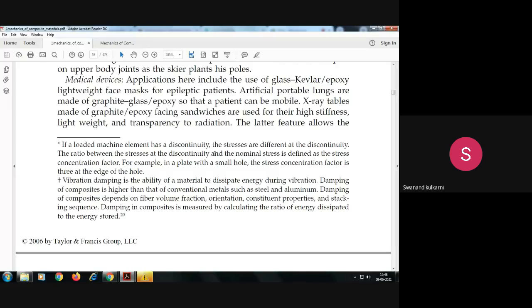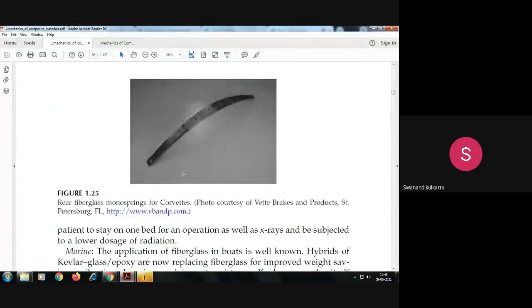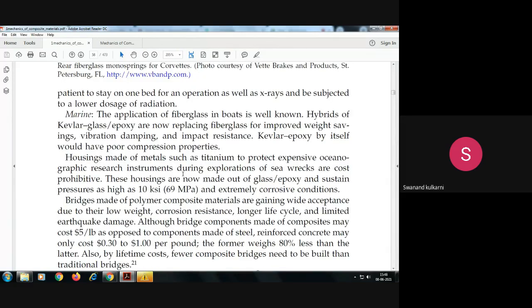Face masks are used to protect the face of epileptic patients. So that is useful for patients also. So face mask, then artificial lungs, X-ray tables. These are the examples. Is it okay? So in the medical field, in that way, the composite materials are useful.